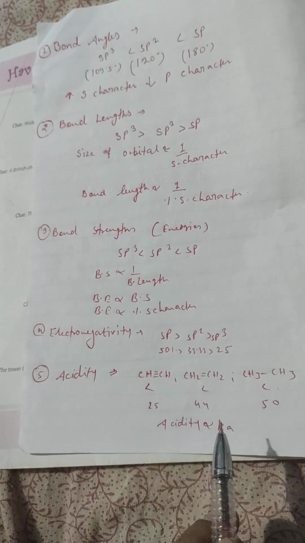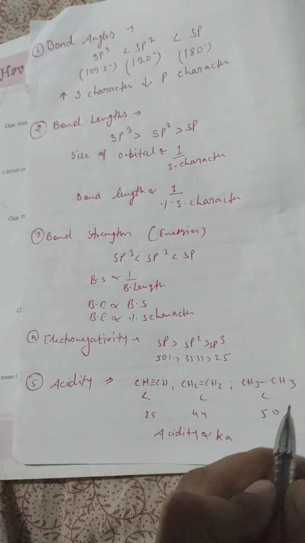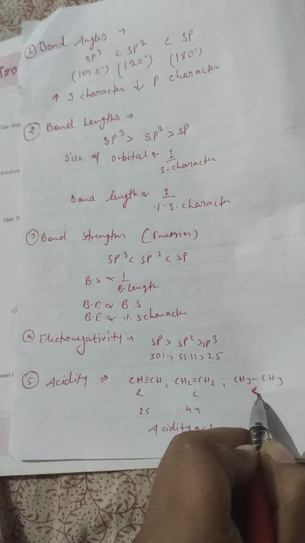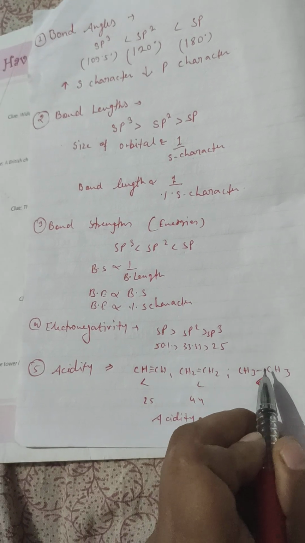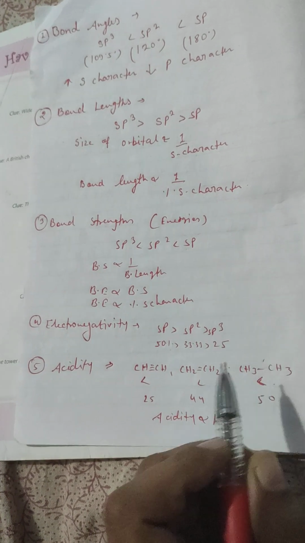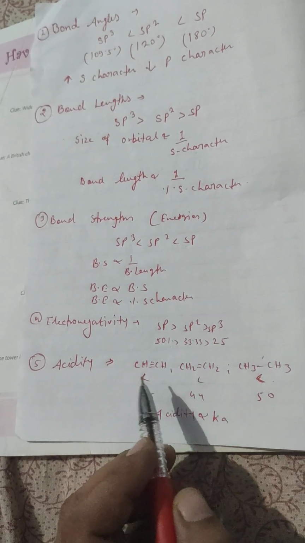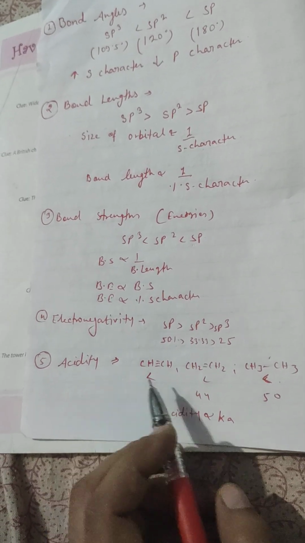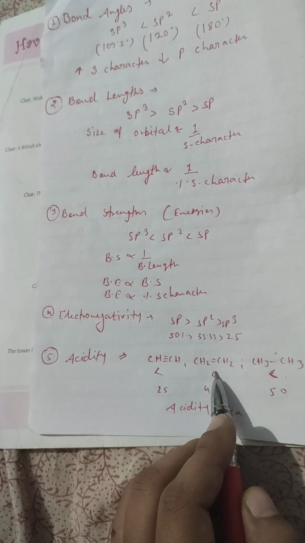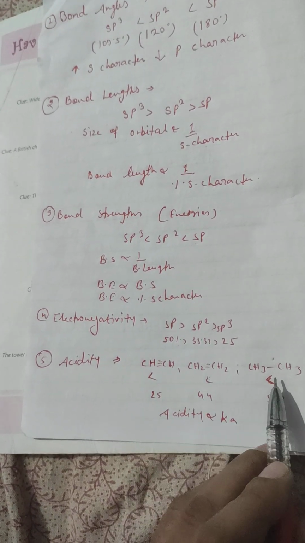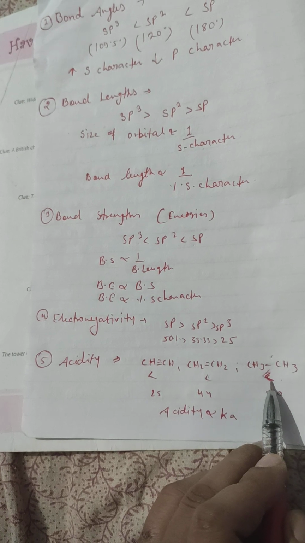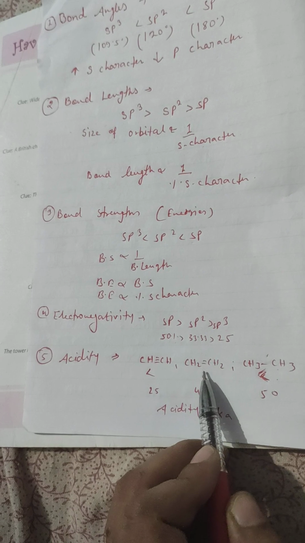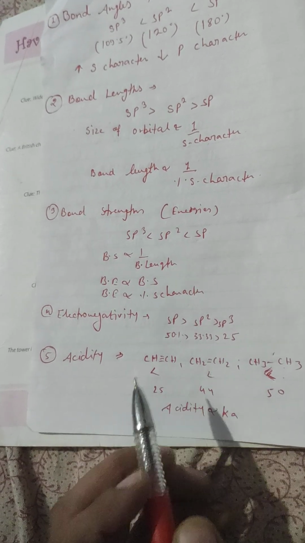Acidity is also affected for hydrocarbons: it increases from alkane to alkene to alkyne, and alkane acidity is lesser than alkene.